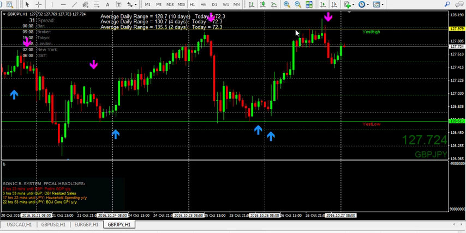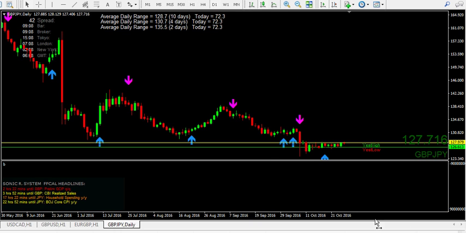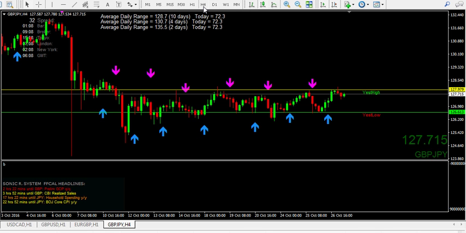It's something I usually draw on, but this is automated, so it just picks the high of the previous day's candle and the low of the previous day's candle and prints it on the chart for you. So a little bit lazy, so I might take it off, I might leave it on, I'm not sure yet, but that's why it's here today.